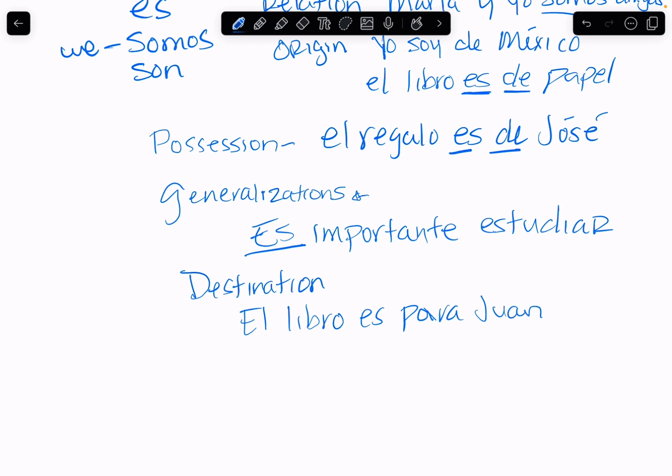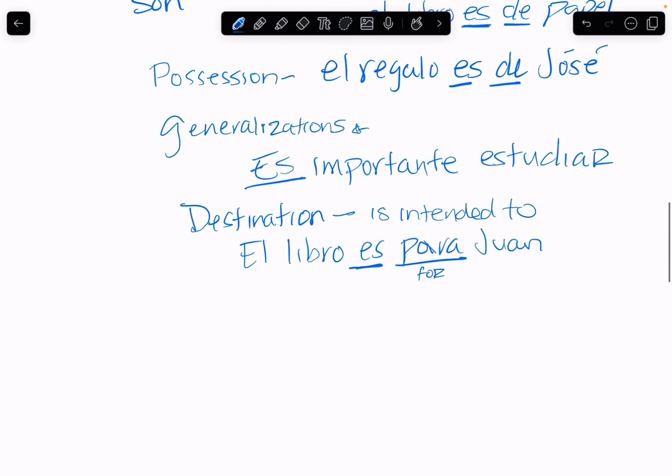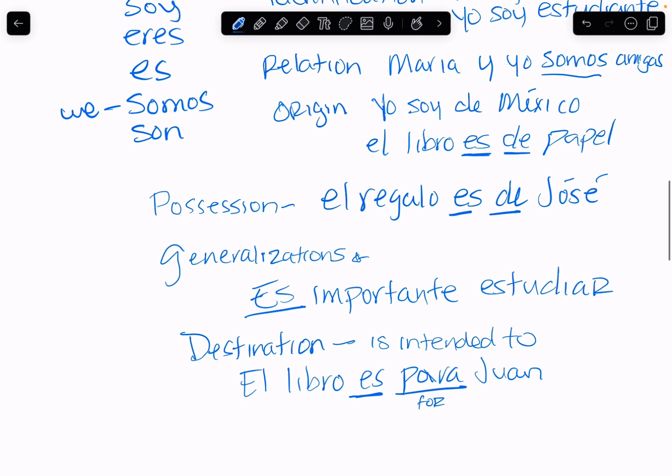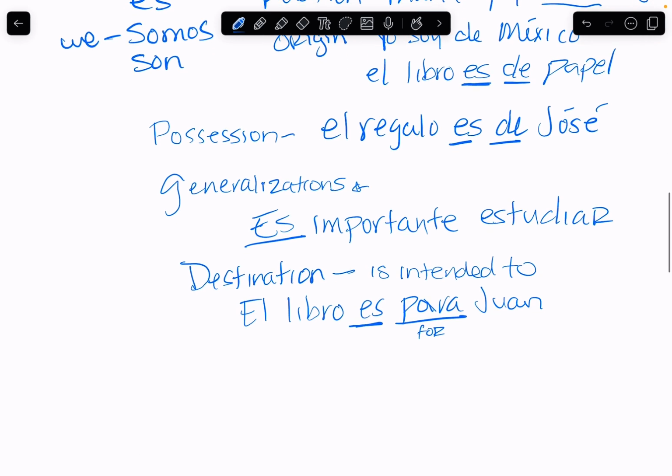El libro, it is for. It is for. Where is something intended. So this is destination. Something is intended. So identify, describe, express origin, generalization, possession, and something is intended for. So these are all the different uses for ser.